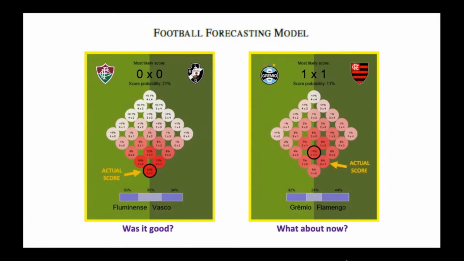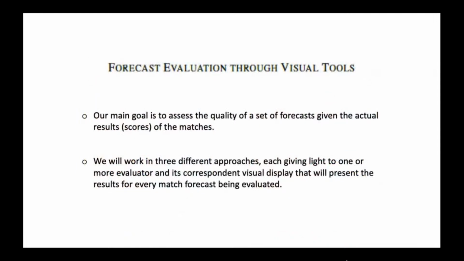We have to define some evaluators to do that. We worked in 3 different approaches. And in the end, we have 4 evaluators and 4 visual tools to help analyzing the performance.